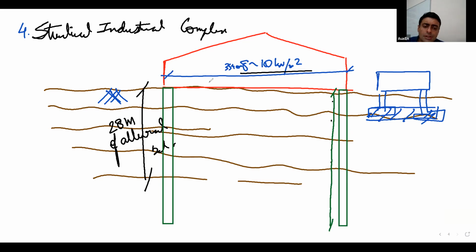So for the shed itself, we had to provide deep piles, going till 30-35 meter depth. Huge. No surprises for this project. I'm just saying that this is also what you can get.